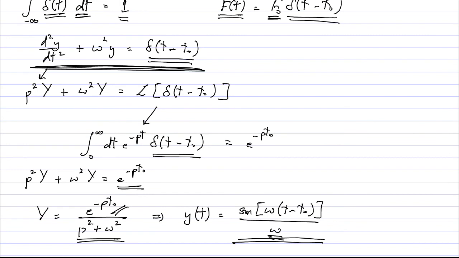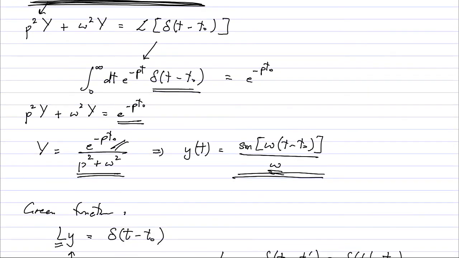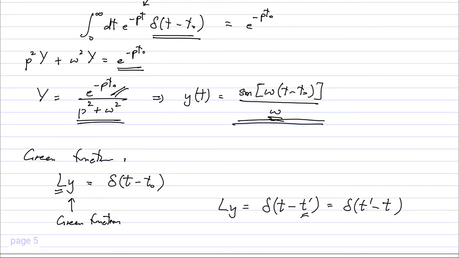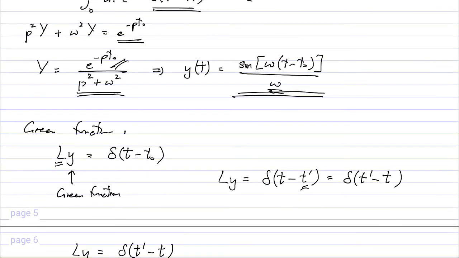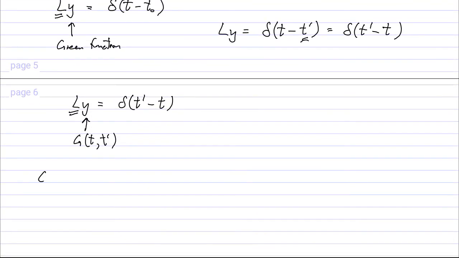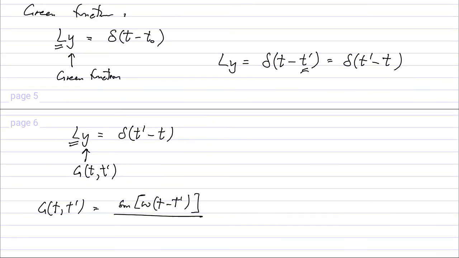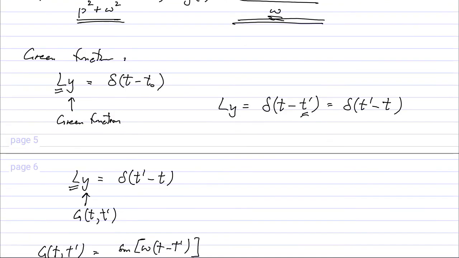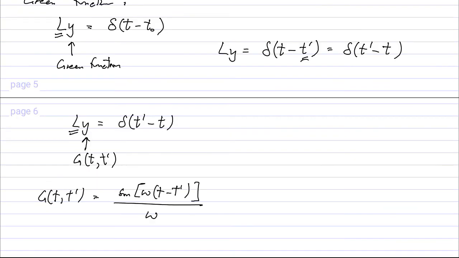You just replace t naught by t prime, and that is your Green function. So for the harmonic oscillator, G of t, t prime is simply equal to sine of omega (t minus t prime) divided by omega.